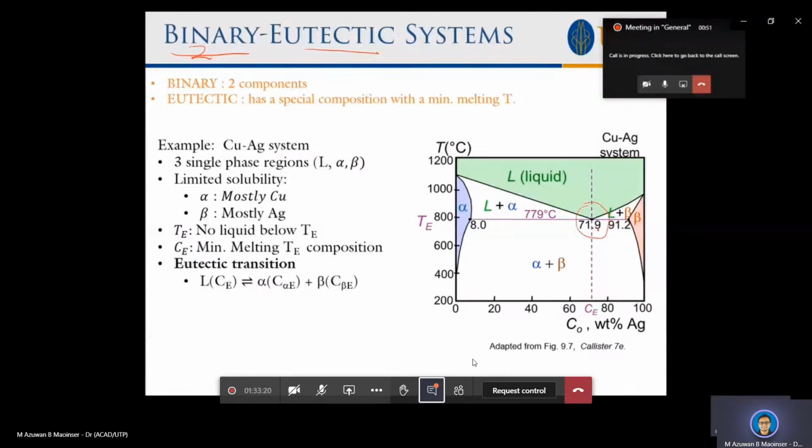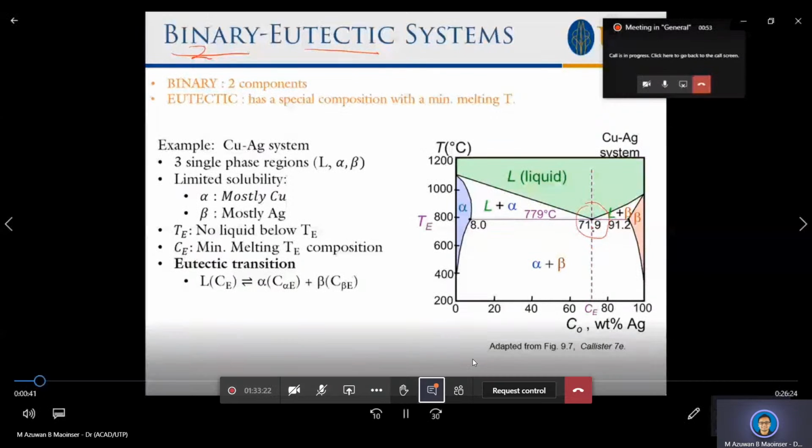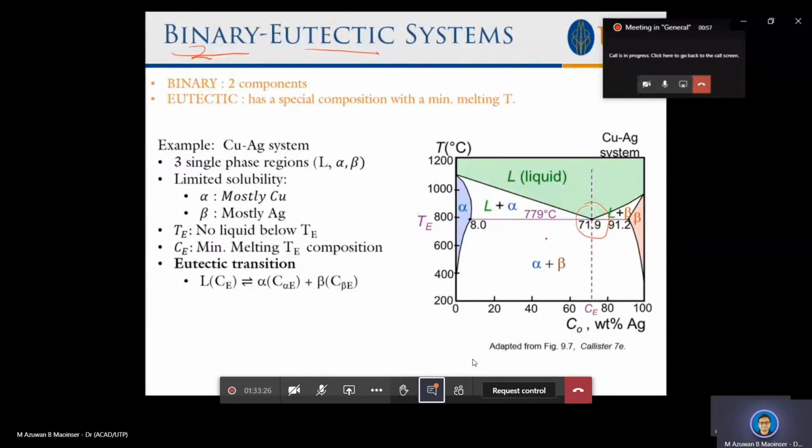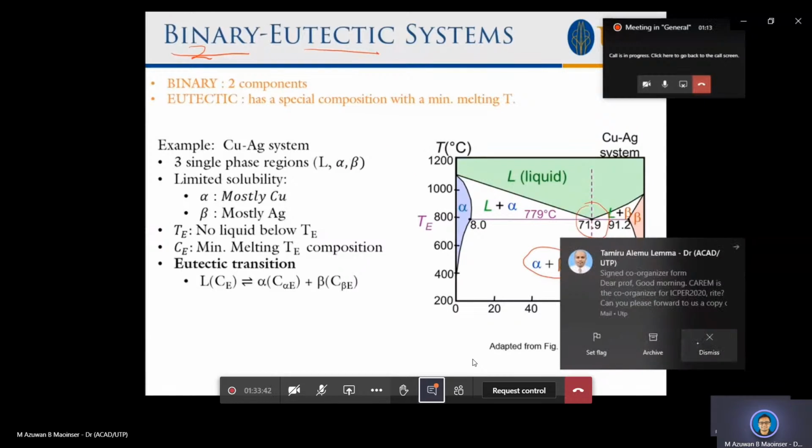I shouldn't say sudden because all these are at equilibrium, but the change in the phase is from 100% solid into 100% liquid without going through a transition, a mixture between solid and liquid. So that's what it means by eutectic.